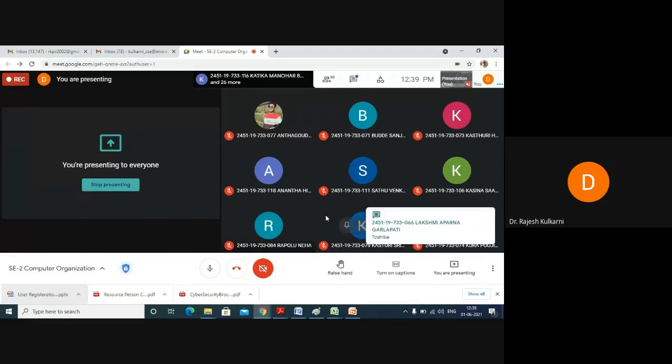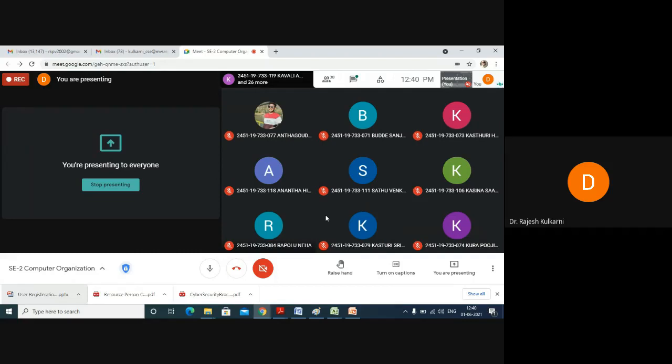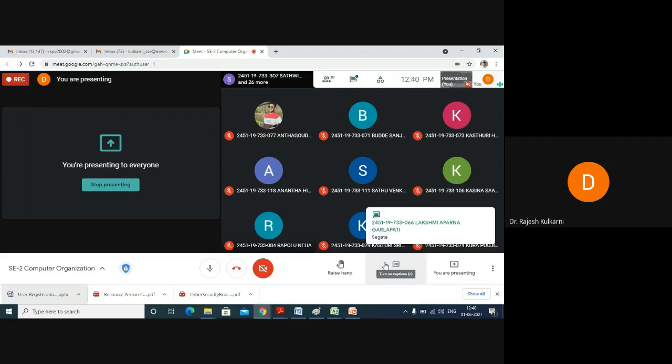Lakshmi Aparna has said Toshiba. Okay, great. So the most popular ones are the Seagate hard disk or the SATA hard disk, which we use. Hard disk we pretty well know. Perfect. Lakshmi Aparna has also said that Seagate is very popular. Fantastic. So we know their capacities also.